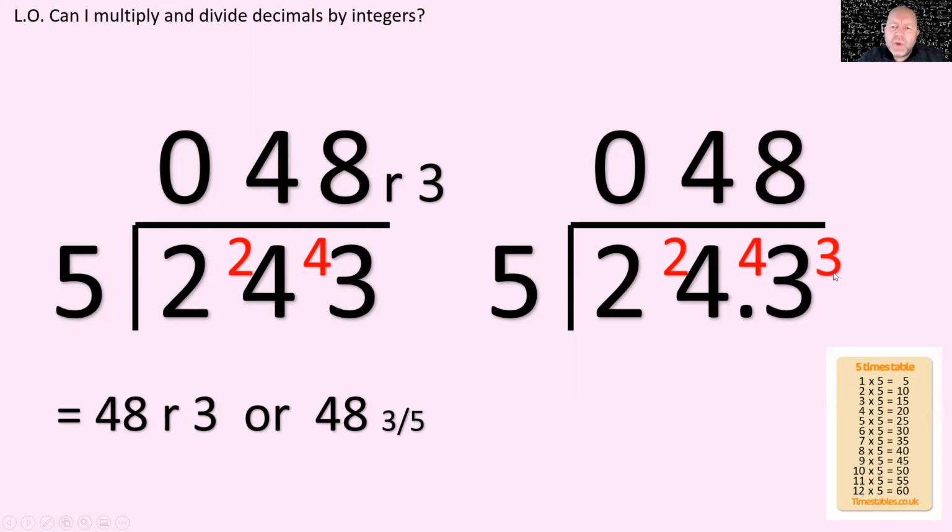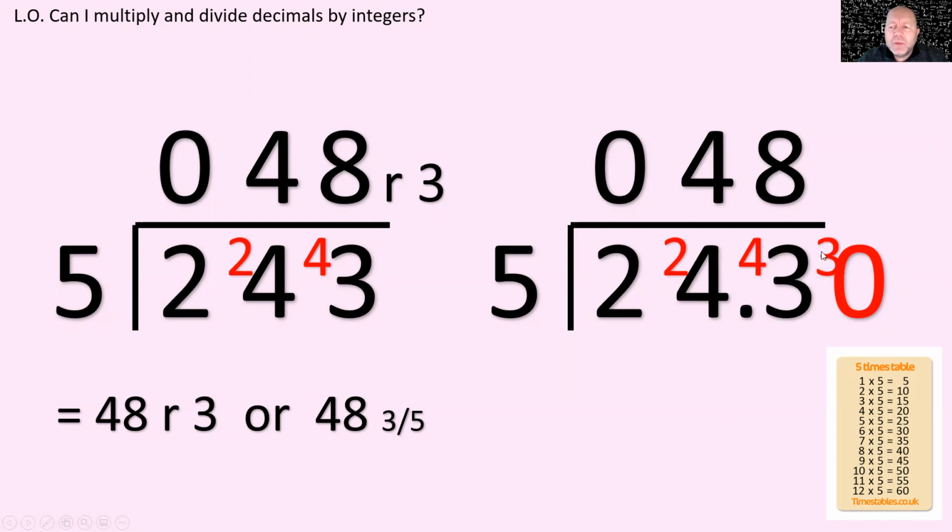Now, this is where decimals can be much more precise, because they can grow and grow as much as you like. Because by adding a 0, we've not changed the number. 24.3 is exactly the same as 24.30. But what it does mean is that we can put this 3 that was left over. Remember, over here, it was a remainder. It was just leftovers.